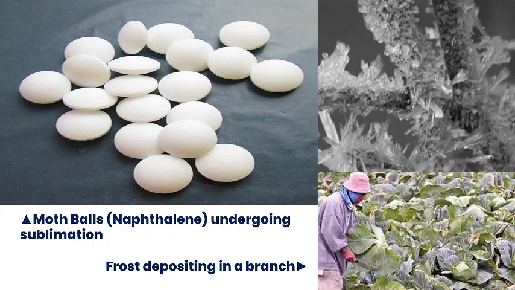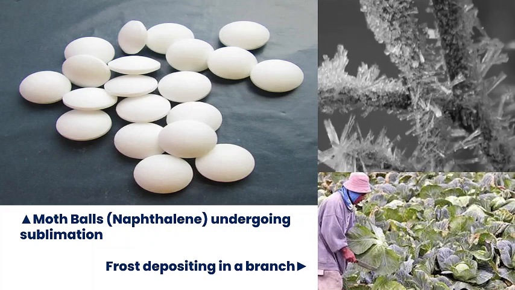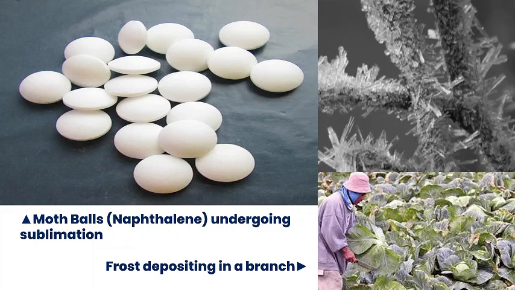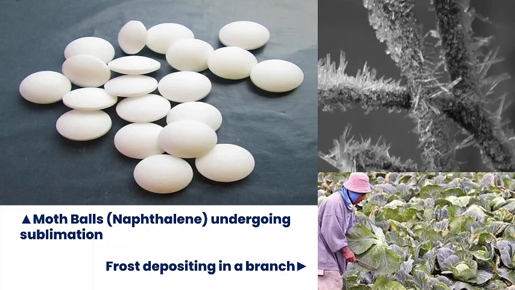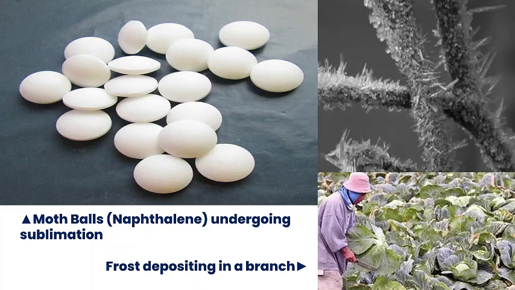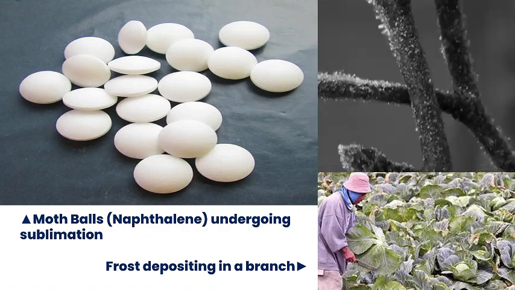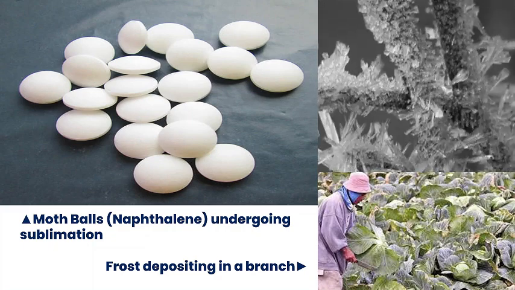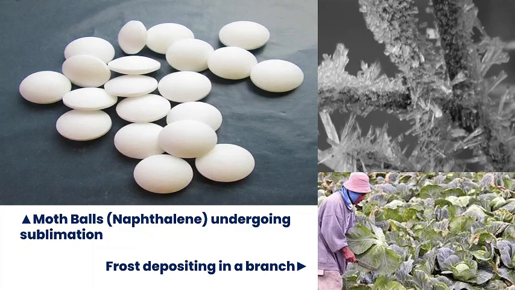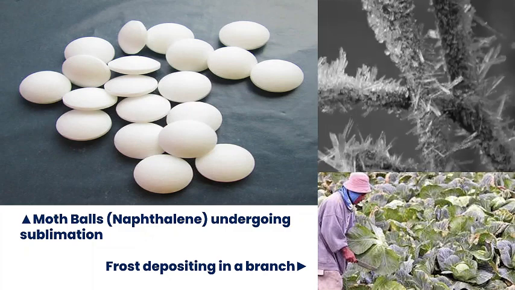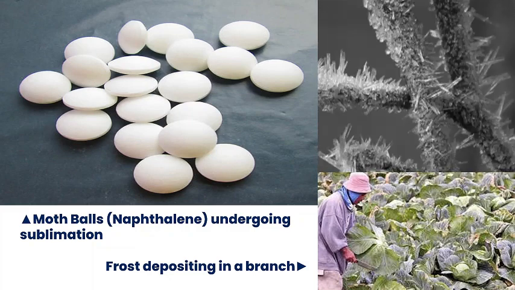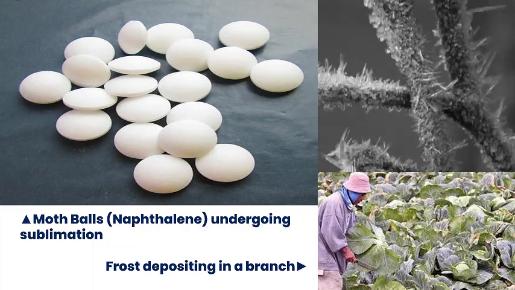For example, if you place mothballs in your drawers or the corners of your room, after a week or after a month, mothballs will completely disappear. What happened to the mothballs? Well, because mothballs are composed of naphthalene particles in solid form, they directly transform into naphthalene vapor. Since this is solid to vapor or solid to gas, we call the process sublimation.